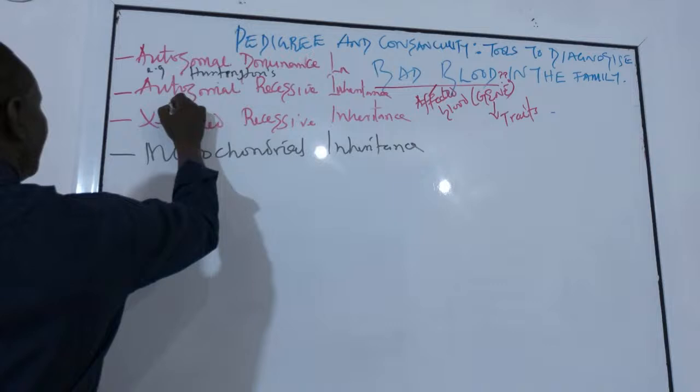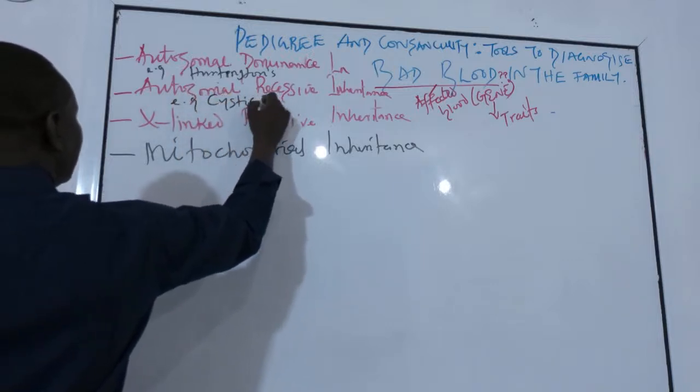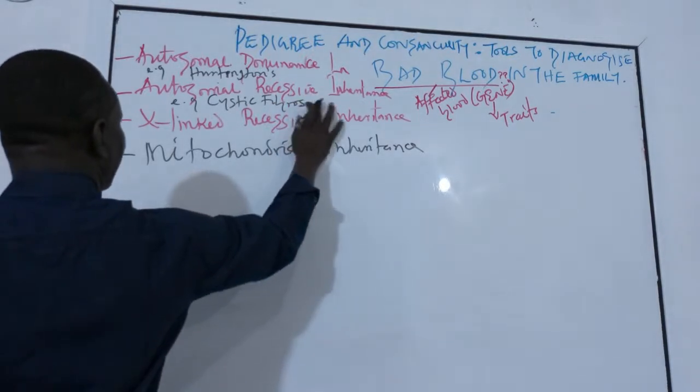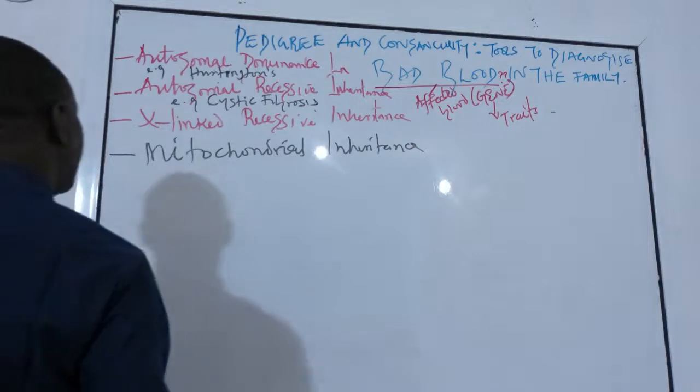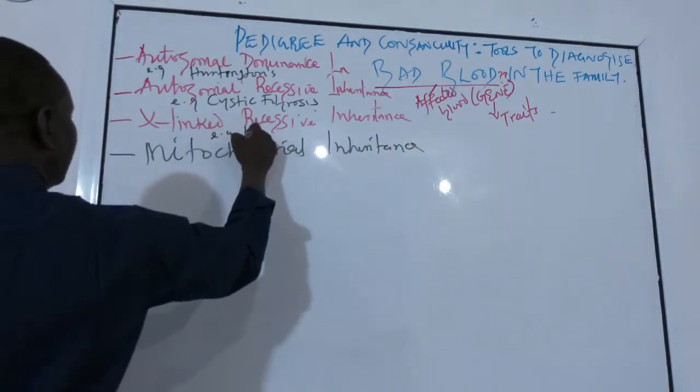Then I also mentioned cystic fibrosis in autosomal recessive. Then X-link, or what you call sex-linked, is going to be hemophilia.